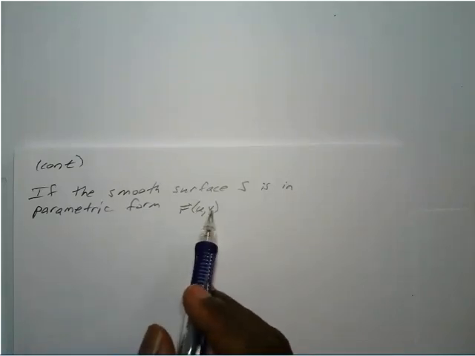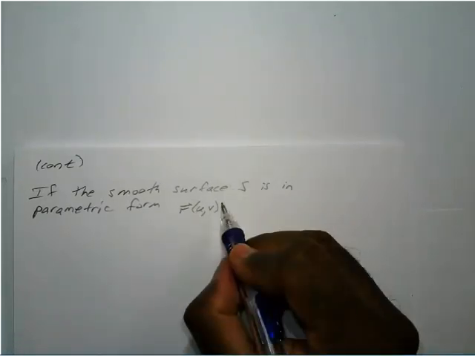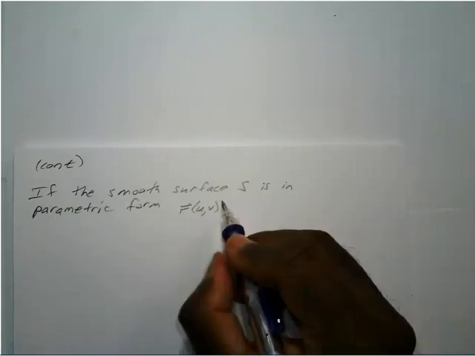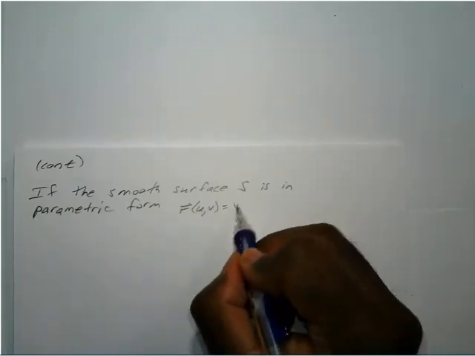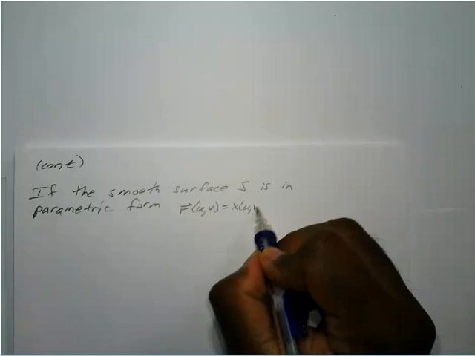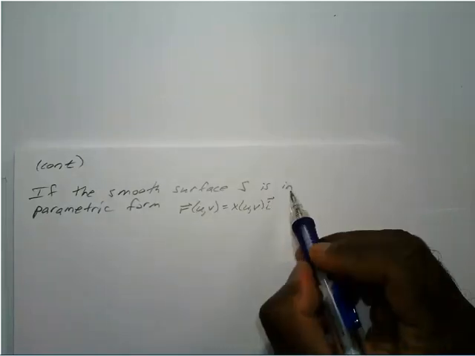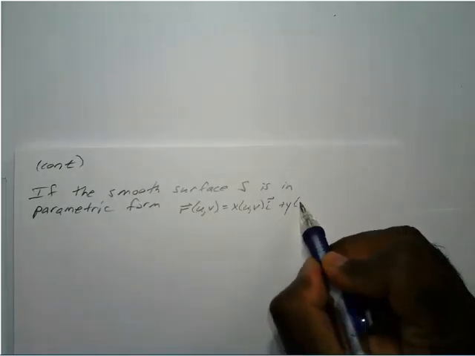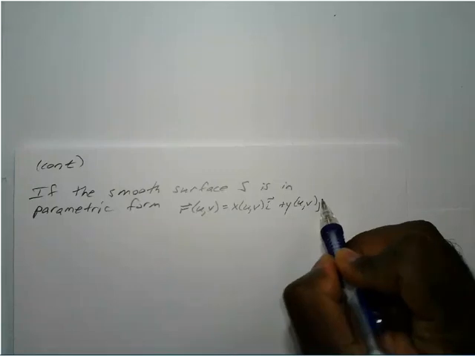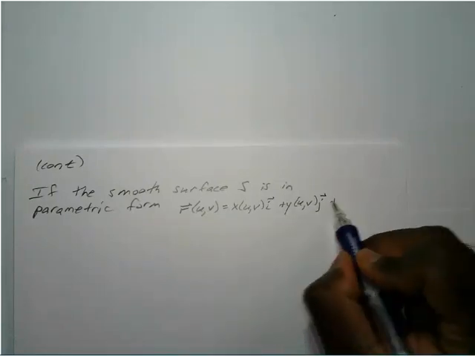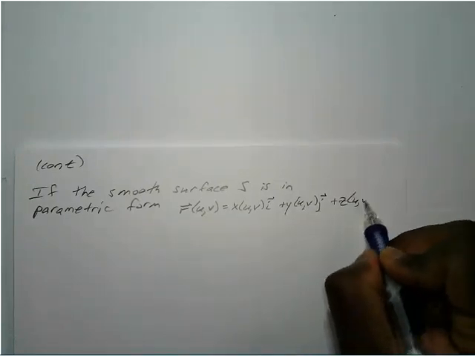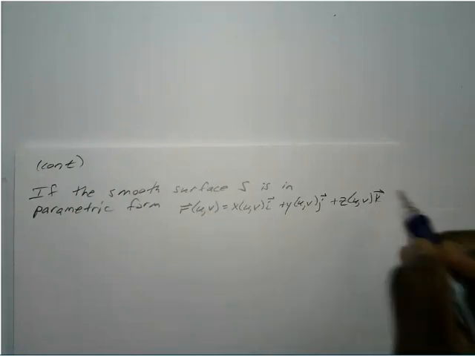Those are just what we call dummy variables, u and v. So that's x of u and v times the i unit vector plus y of u and v times the j unit vector plus z of u and v times the k unit vector.